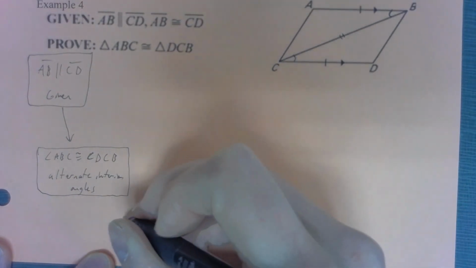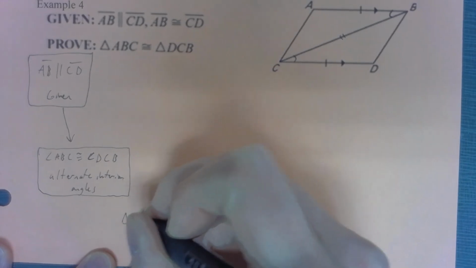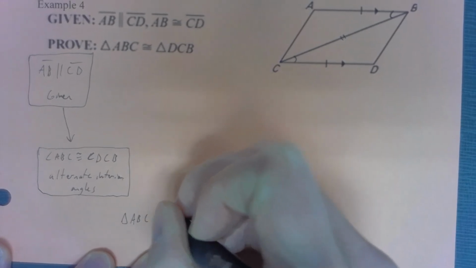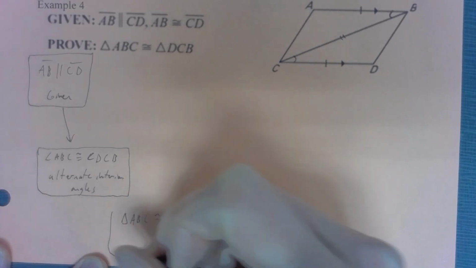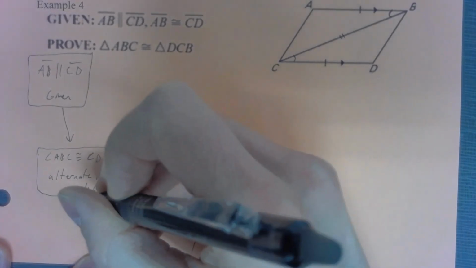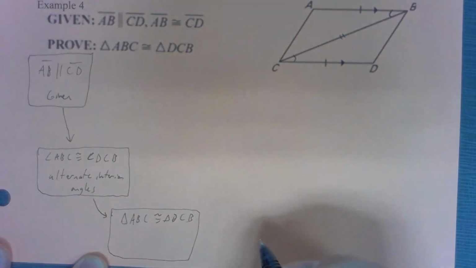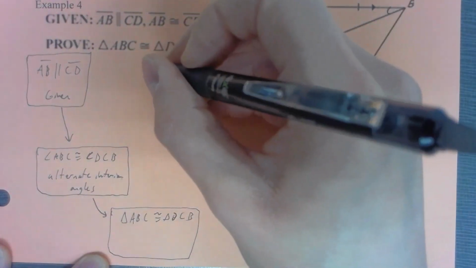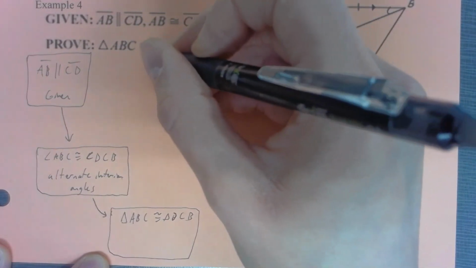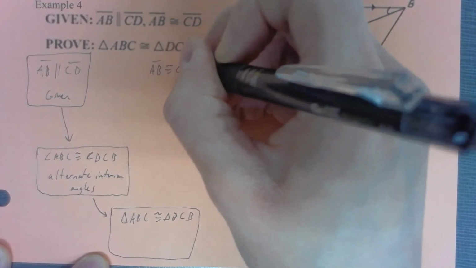So we're all trying to lead up to this: triangle ABC is congruent to triangle DCB. This is going to be one of the things that leads us to that. And the next thing that we said, AB is congruent to CD.